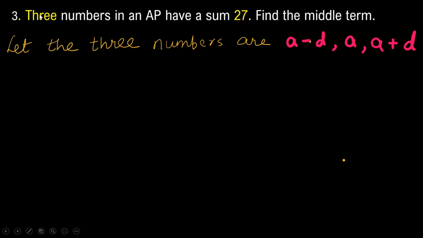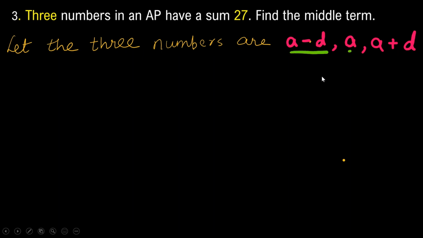So whenever there are three numbers, my intention is I only need to find A. I don't have to find a common difference. So why? Because I have very limited information. So whenever there are three numbers, you will write the three numbers in the sequence A minus D, A and A plus D. You see here A minus D and A, what is the difference?